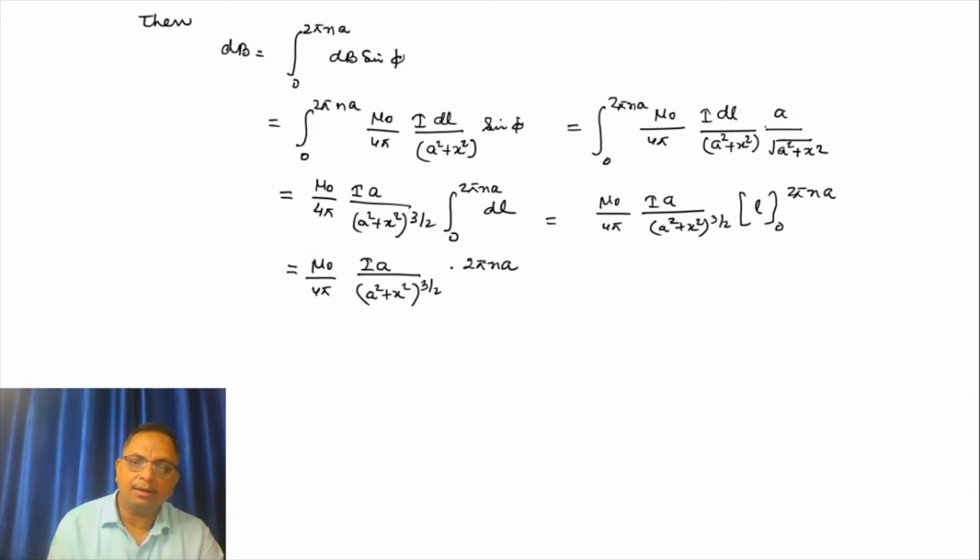We cancel here, we have 2, and our formula becomes mu 0 over 2 n I a square over a square plus x square to the power 3 by 2, and this is the magnetic field value.